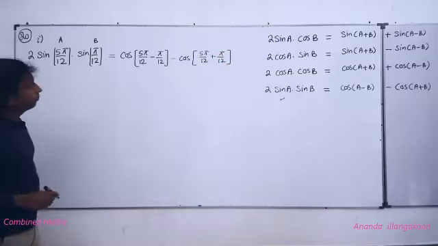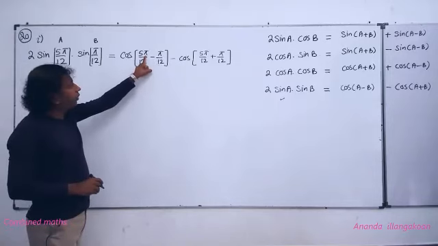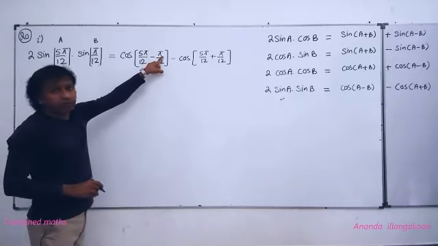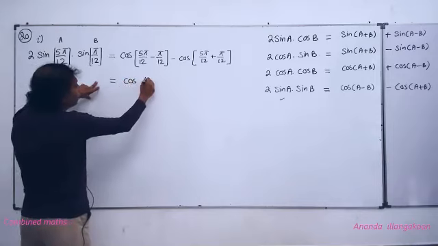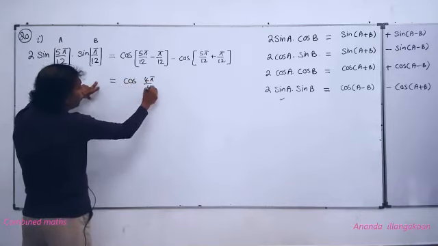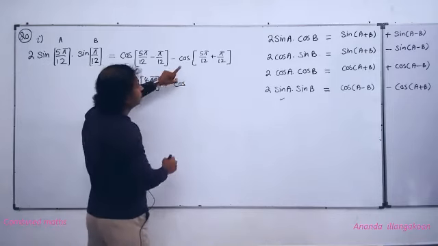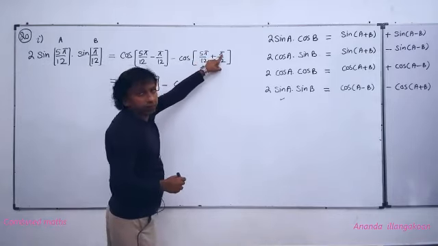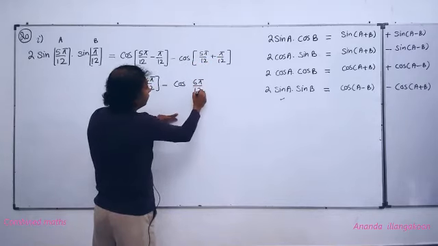Now here we have equal denominators, so we can subtract the numerators. 5 pi minus pi is 4 pi, 4 pi by 12. Cos 4 pi by 12, minus cos 5 pi plus pi, 6 times pi by 12.